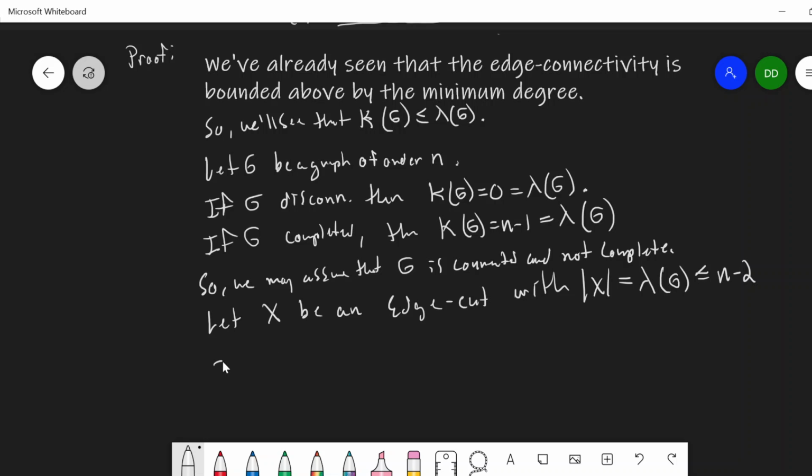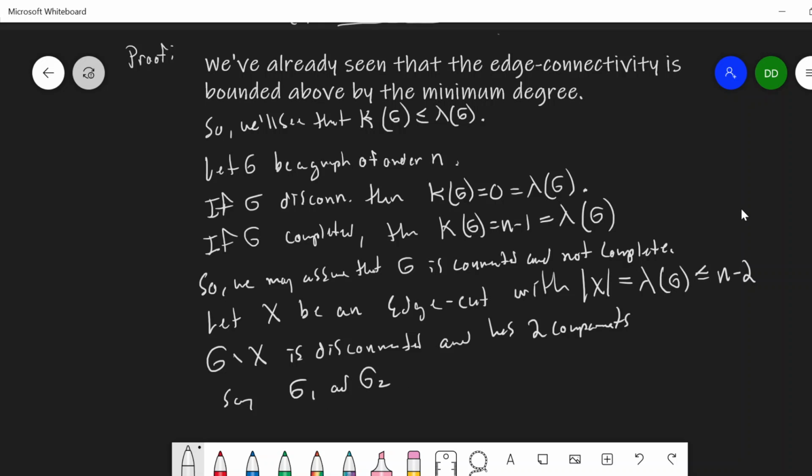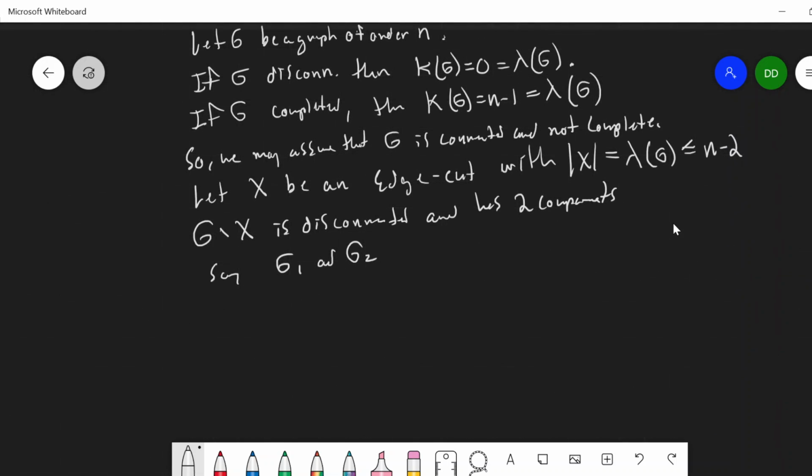So G minus X is disconnected, and since this is a minimum edge cut, it has two components. Say our two components are G1 and G2. So we'll say G1 has order k and G2 has order n minus k.